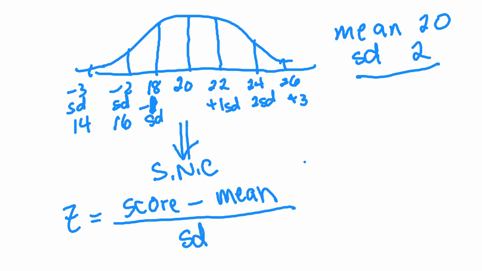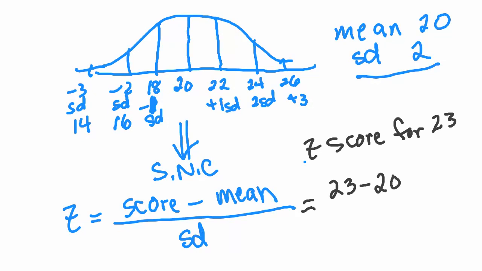Suppose we want to know the z-score for 23. That would equal 23 minus 20, divided by 2. Using our numbers up here, that would be 3 halves, or 1.5.